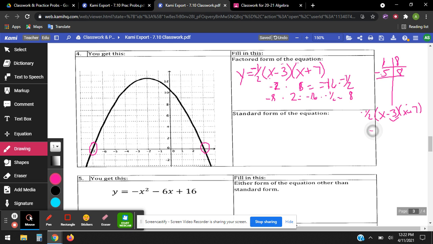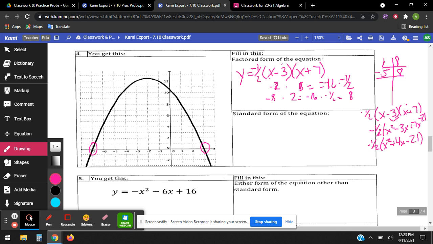I have -1/2 times x squared minus 3x plus 7x minus 21. Run out of space here. Okay, so I can combine these guys. Negative 1/2 x squared, negative 3 plus 7 is plus 4x, and then minus 21.